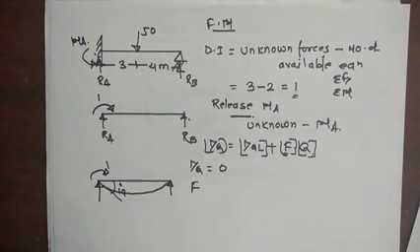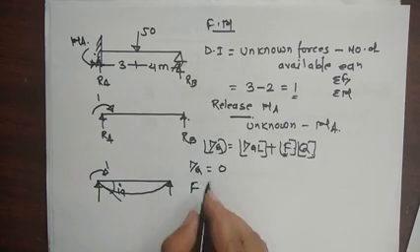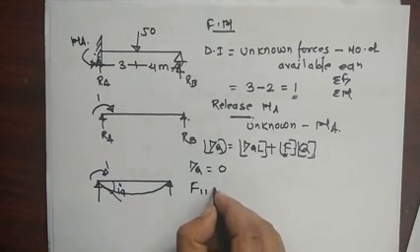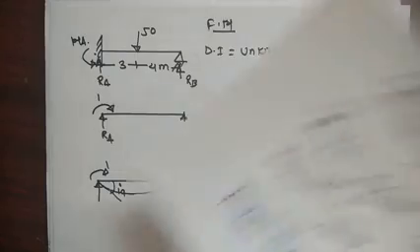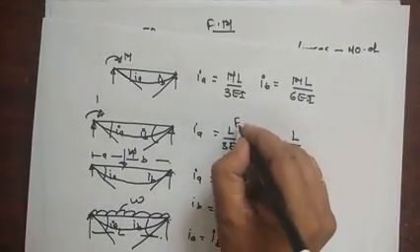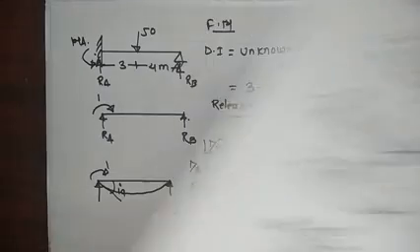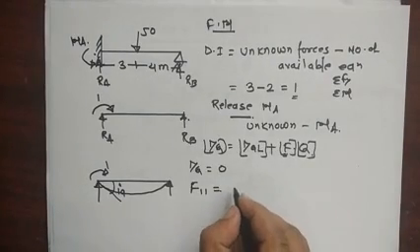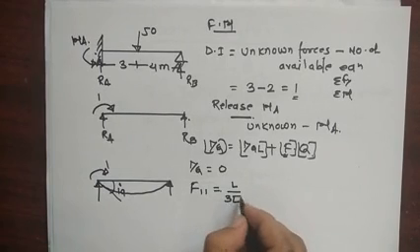It's not I, it's F. So the coordinate is 1. So F11 is equal to, already with us, our flexibility value is L upon 3EI. So here it is L upon 3EI.